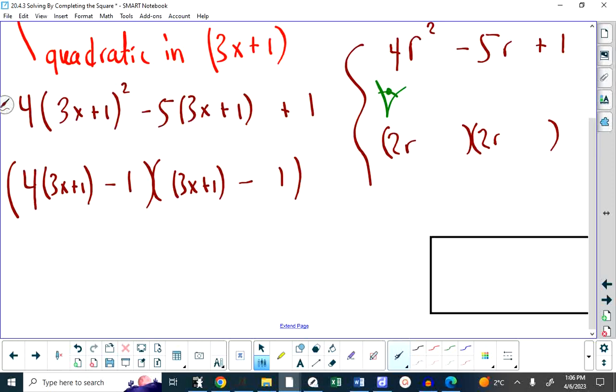Because now my inner is negative 1 times 3x plus 1. My outer is negative 4 times 3x plus 1, which gives me negative 5 times 3x plus 1.